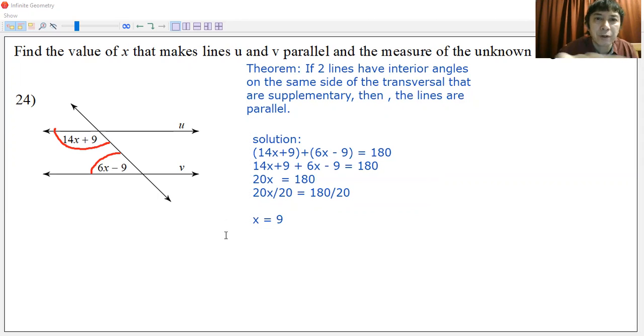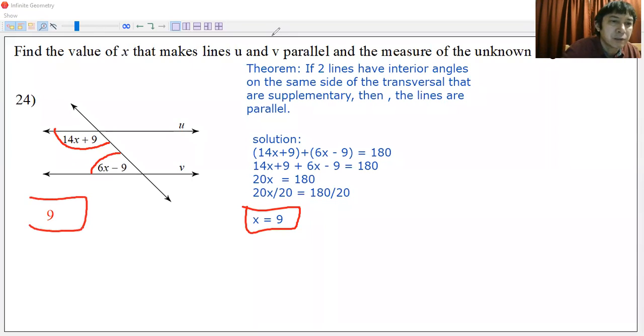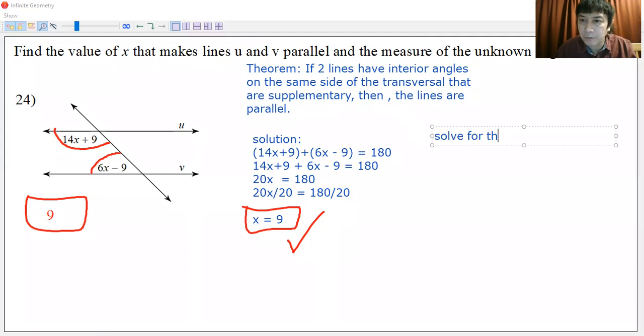That's our x. Let us check and verify. x is 9. Yes, there. So that's correct. Determine now the values of the angles, numerical values, not algebraic expressions. Let us find the angles. We have 14x plus 9. 14x means 14 times the 9 plus 9.